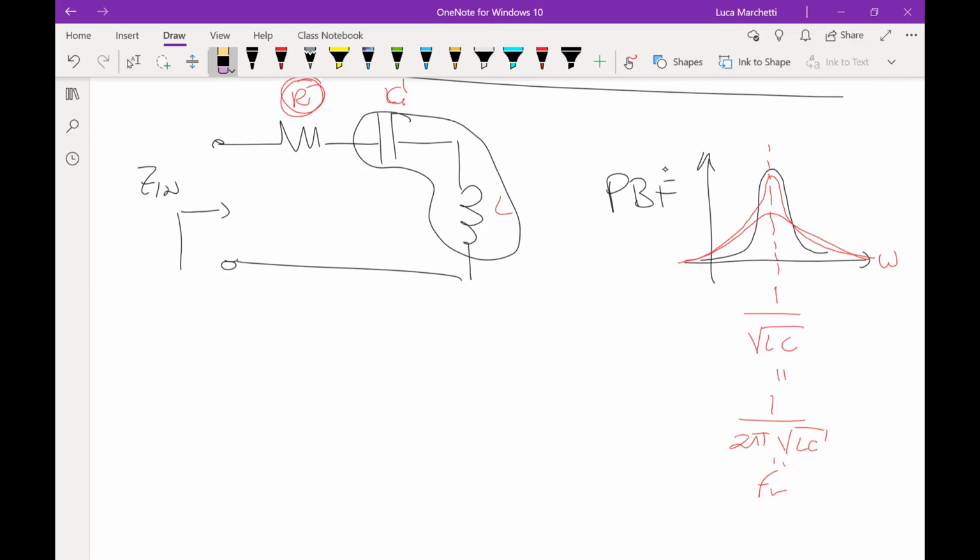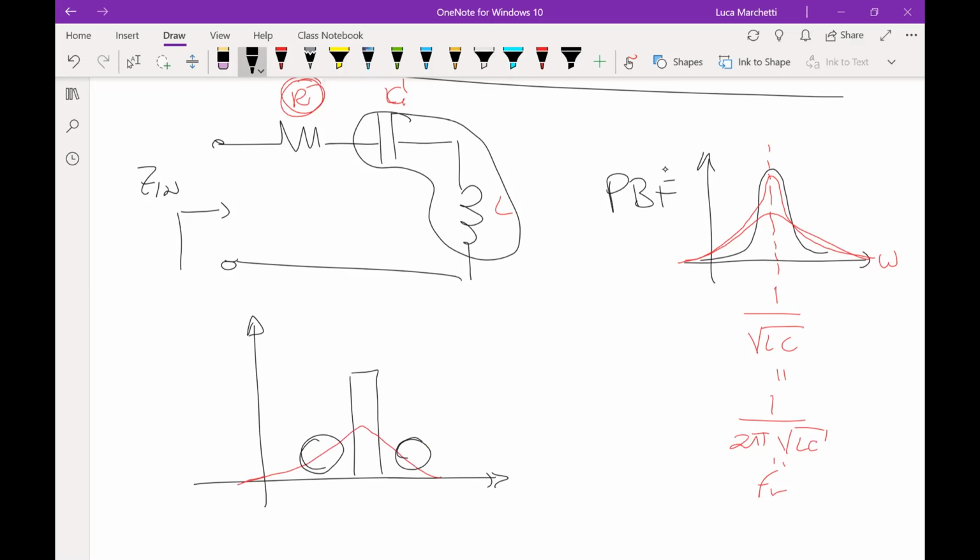Remember that the passband filter, ideally in theory, should be kind of like this. You want the signal to pass only at a precise frequency. So you understand that if you have a passband filter like this, it is a very ugly passband filter, because you have all of the signal here and all of the signal here passing through anyway. They are attenuated, yes, they are smaller, but they are still passing through.